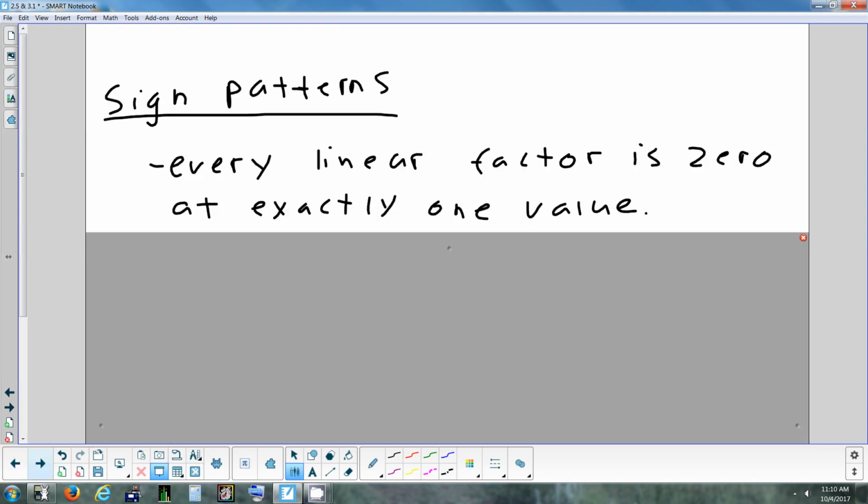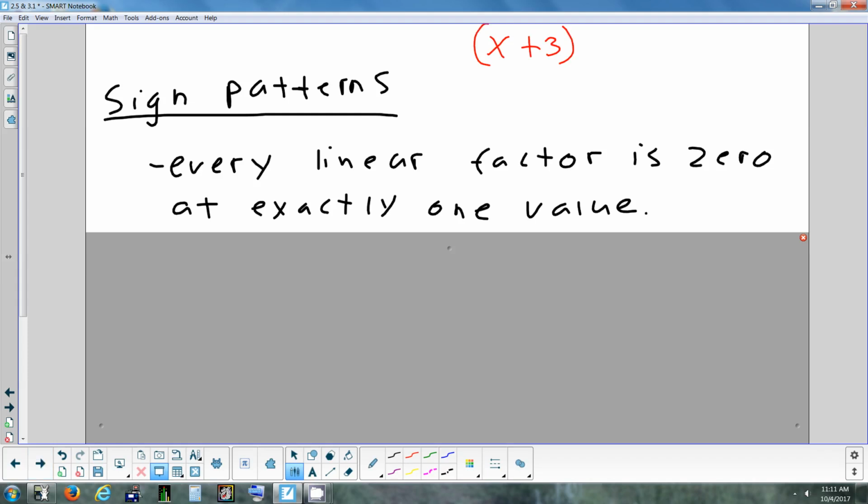All right, and the idea of a sign pattern is that every linear factor, and a linear factor is something like 2x plus 1, x minus 7, just an x, nothing squared. Think of when you do factoring, that's a linear factor.